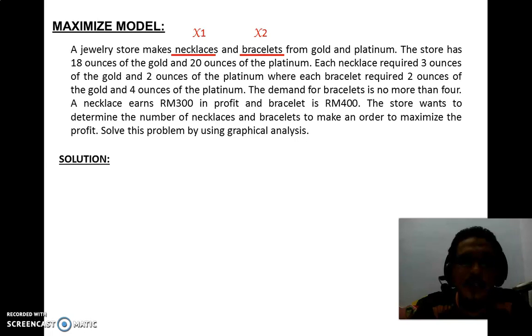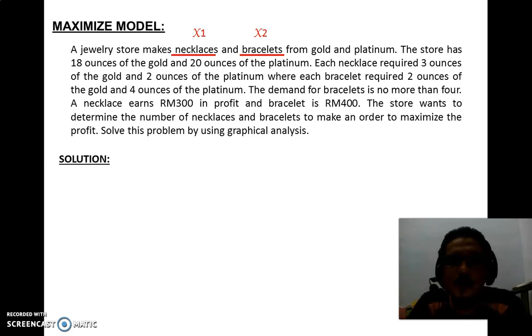So S1 is the necklace and the bracelet is S2. Actually, if you change S1 to bracelet and S2 to necklace, there is also no problem. So we have defined the two products, S1 and S2.